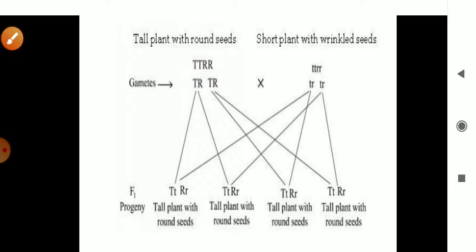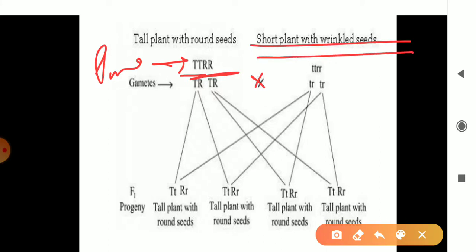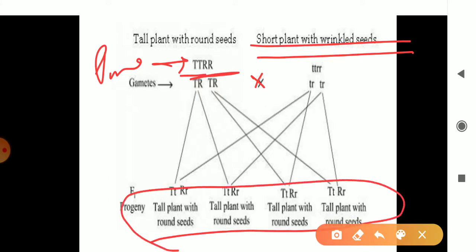Suppose plants which are tall pure lines, that is pure breeds or pure parents, producing round seeds, are crossed with short plants producing wrinkled seeds. As already stated, in the F1 generation all the plants produced will be tall plants with round seeds. This is the F1 progeny, and this is its genetic makeup.